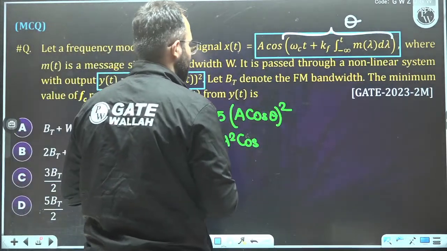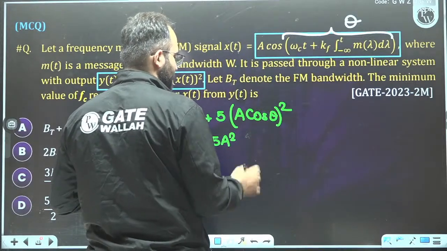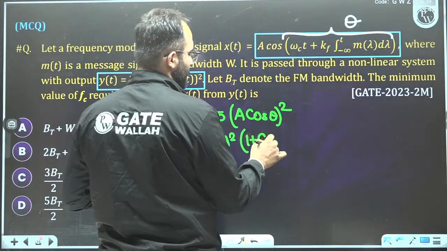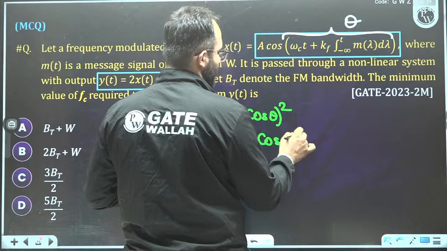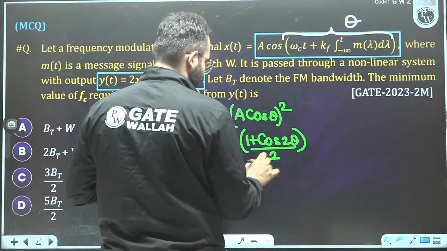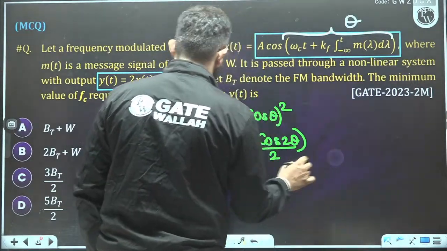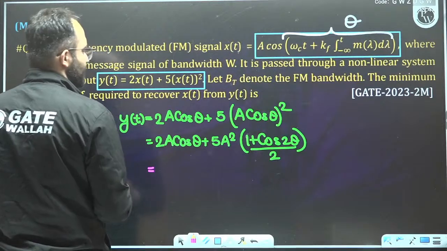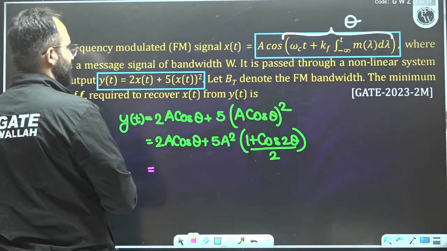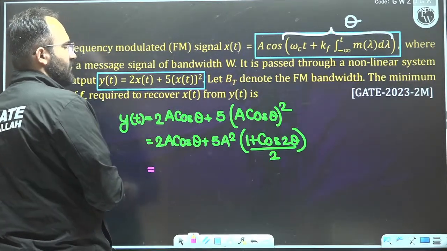So cos squared theta is actually, we can write it like this, 1 plus cos 2 theta over 2. So we can see that this is what we have.